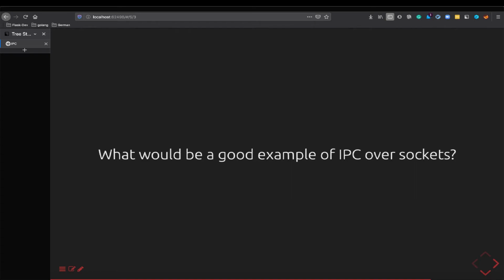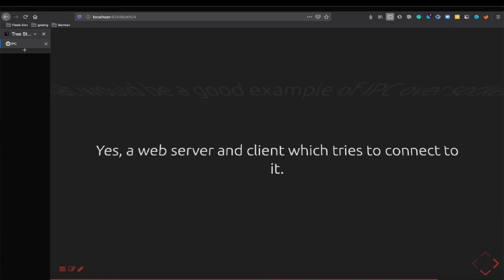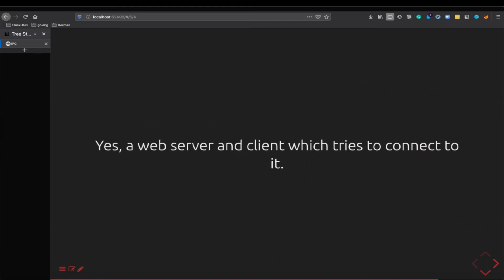Do you have any good example for IPC over sockets? Yes, you use this every day. Whenever you visit a website, a client and a server talk over network sockets. As a client, you have a socket locally on your system, and a web server has a socket on its system, and the communication happens over sockets.